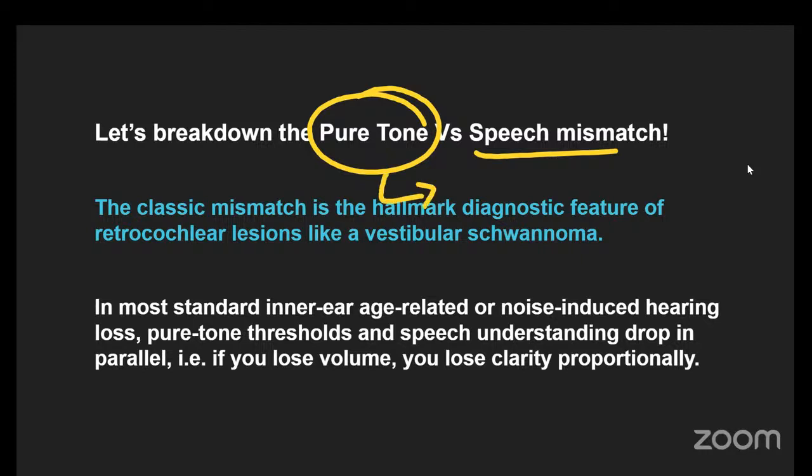If pure tone is complicating your concept, remember that these are single beeps. Patient is going to be able to hear these beeps, but they will not be able to understand spoken speech. What I mean by that is, for example, assuming you have a patient who does not hear anything at all, then that patient usually has an age related or noise induced hearing loss because they cannot even identify the sound, right?